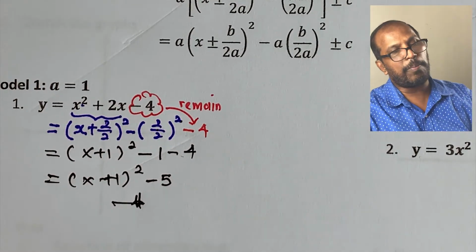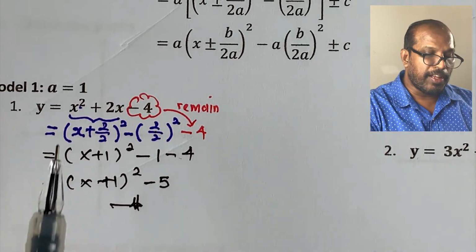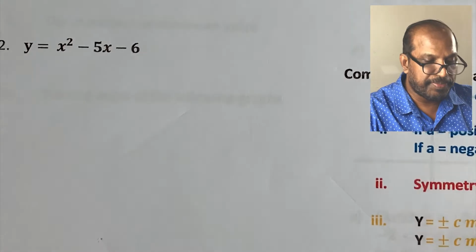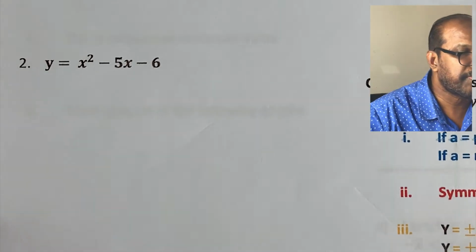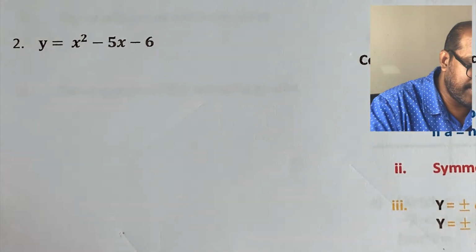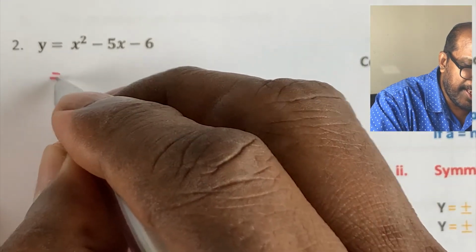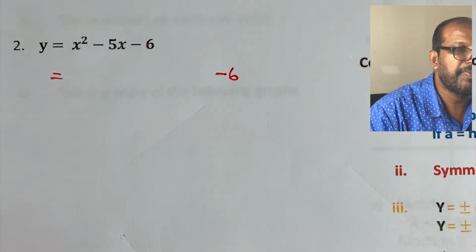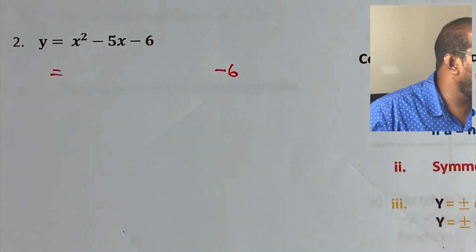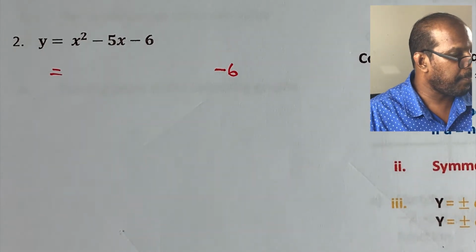This is how we complete the square when the coefficient of x squared is 1. Now let's take another example: y equals x squared minus 5x minus 6. The minus 6 remains.